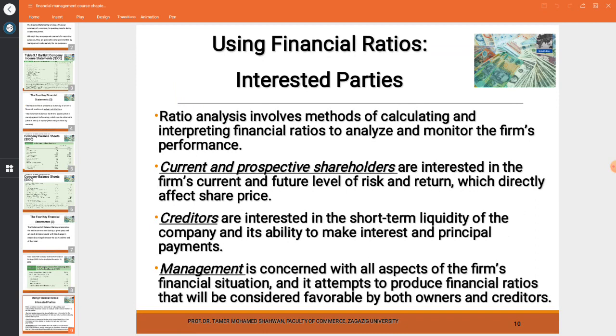Yani, if I would like to monitor the firm performance, this will be done by financial analysis using financial ratios.